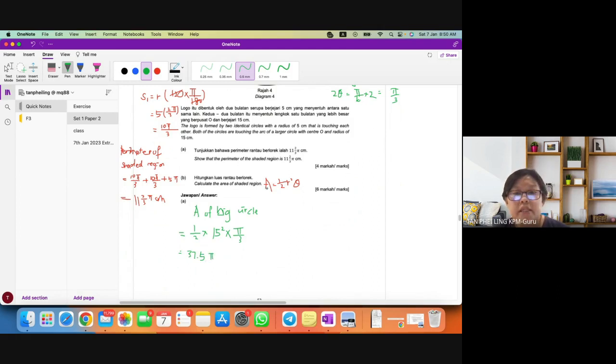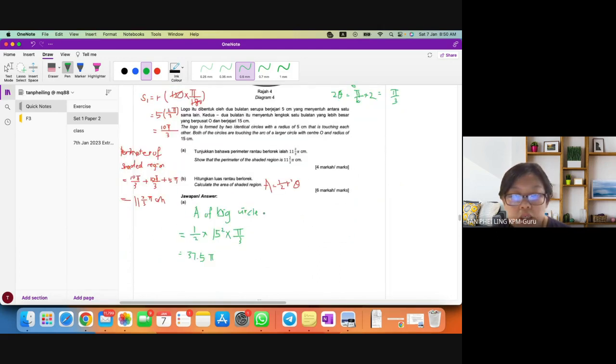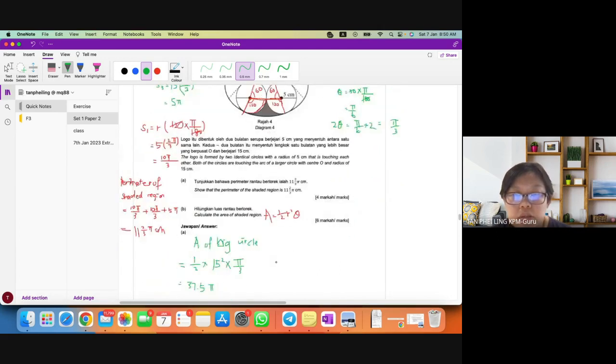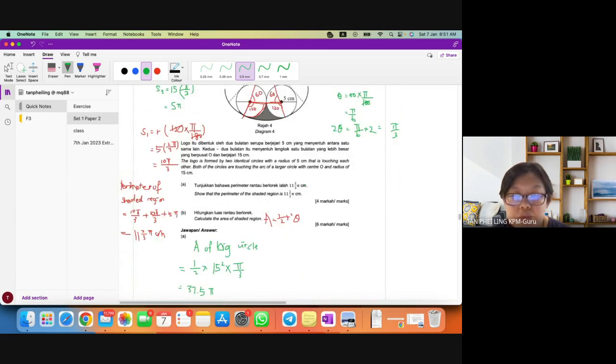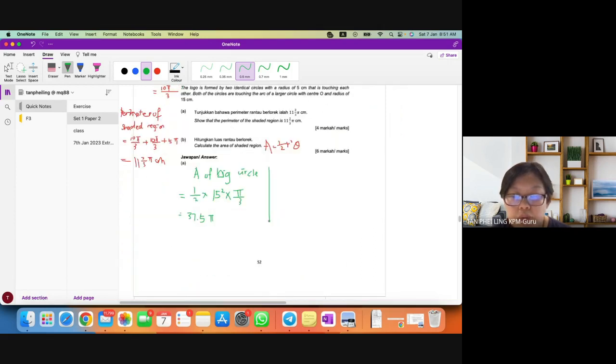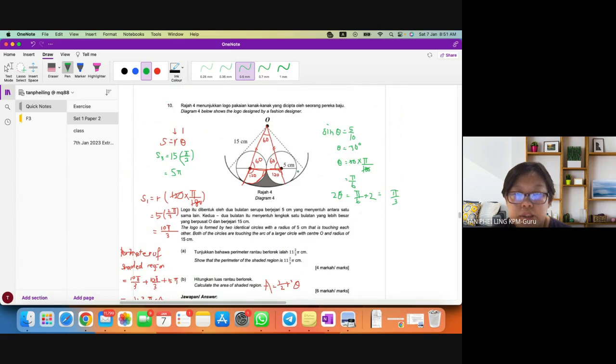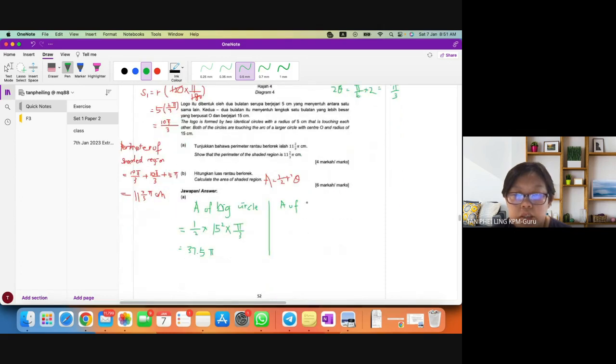Okay, then now I find out the area of a triangle. Area of triangle, we can use half times height times length, but we don't have the height. Can we straight away use the same thing, where we have our area of a triangle? Just put it as triangle.